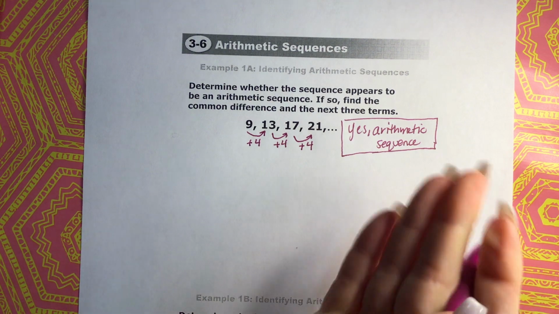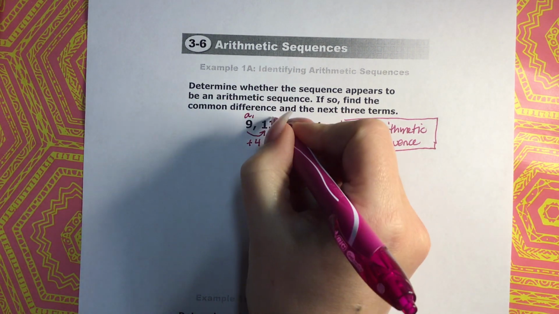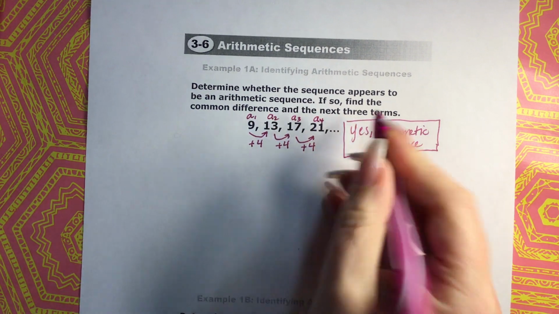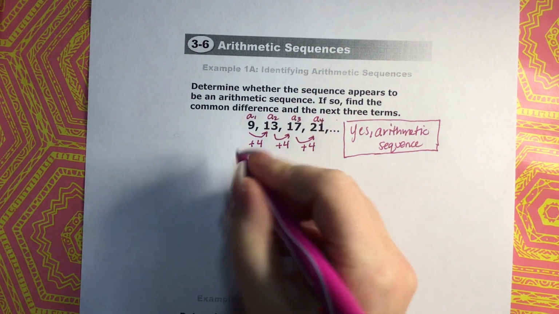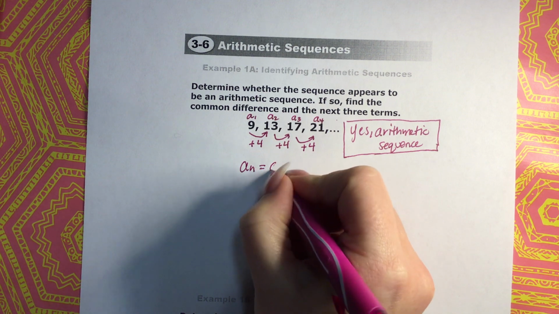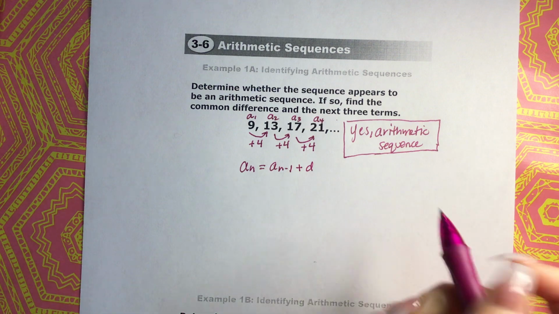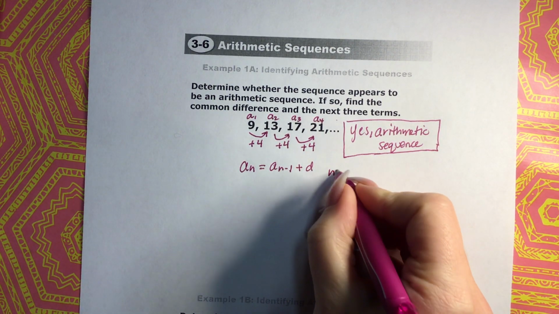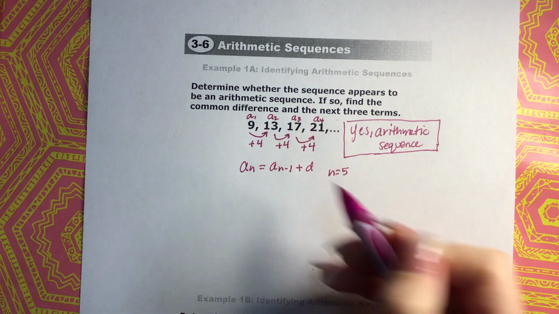So, right, this is our first term, our a sub 1. This is our second term. This is our third term. This is our fourth term. So we want to find the fifth term, right? So we're just going to take our formula: a sub n equals a sub n minus 1 plus d. Okay, so we need to determine the fifth term, right? So that means we need n equals 5. When you put 5 in there, that's the fifth term.